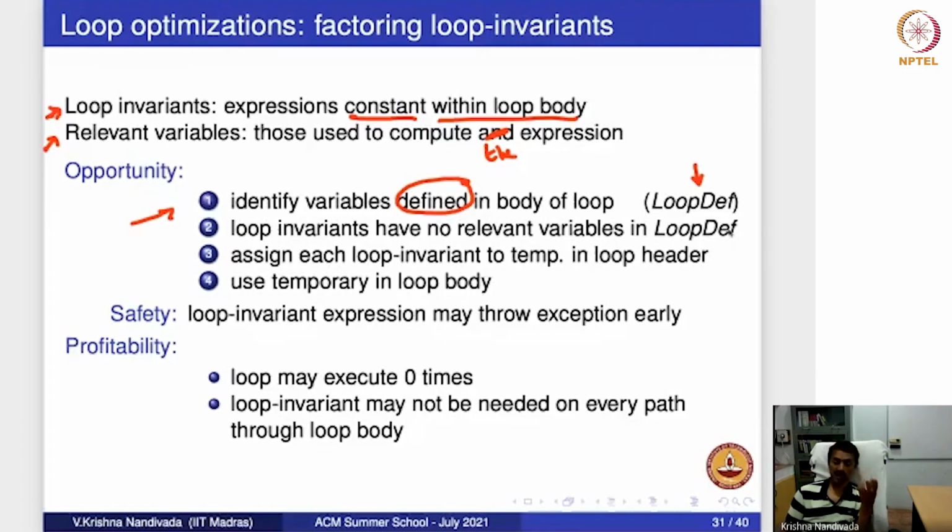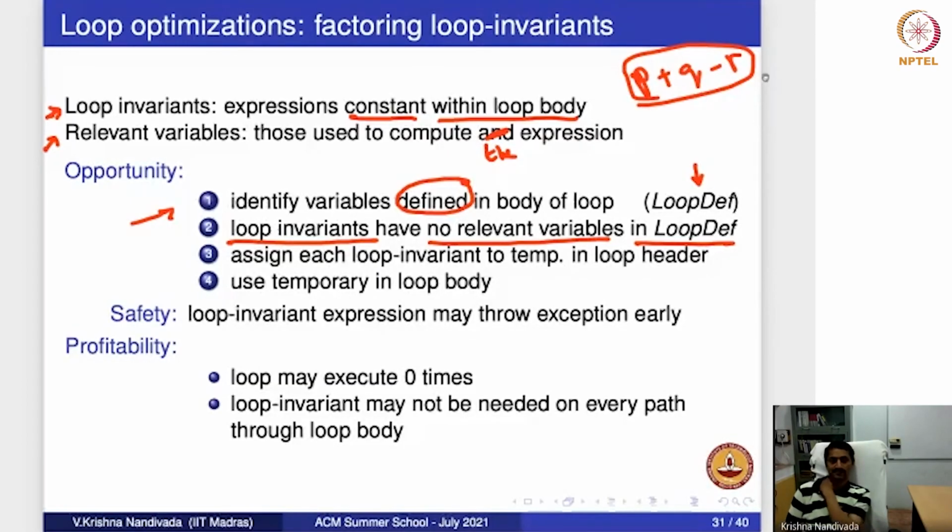How will I know it's a loop invariant? A loop invariant will have no relevant variables in loop def. Let us say my expression is p plus q minus r. For me to declare this expression as loop invariant, p, q, and r should not be in loop def.